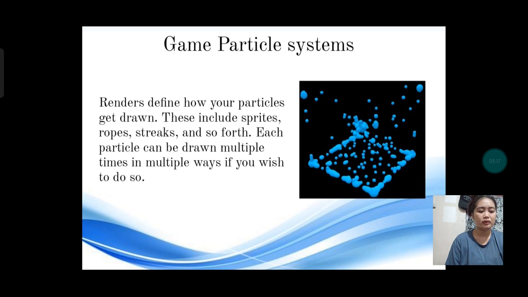So for the renderers, we have the render animated sprite, which draws a floating animated sprite with options for animation rate, scaling, and orientation control. And the render rope, which renders particles into one continuous rope, adjustable for smoothness and texture details, useful for effects like muzzle smoke and electricity.